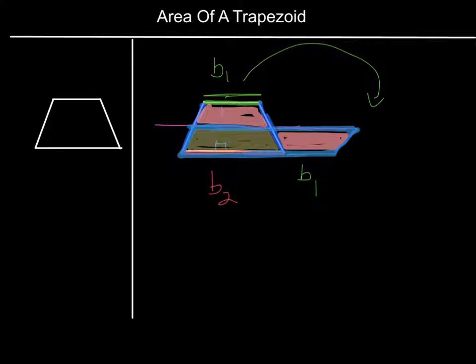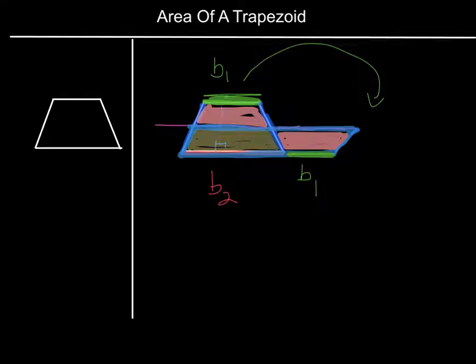So I'm going to clean up some of my colors here so you can see that this is my B1 right here. That's this side right over here. And then this right here is right there. And this side right here is that side right there.